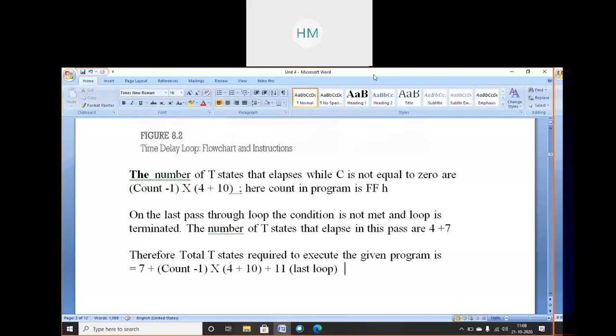Any doubt? You can write it in your chat. Yes. Any doubt?